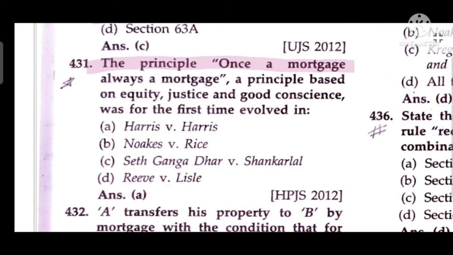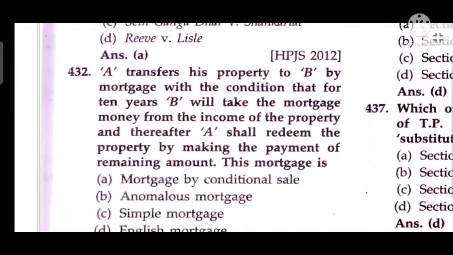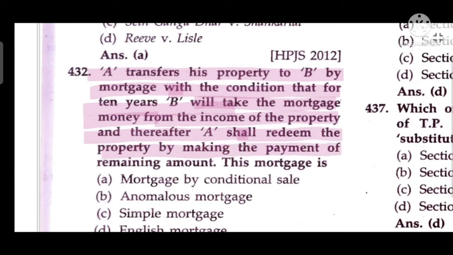The principle of once a mortgage is always a mortgage, a principle based on equity, justice and good conscience, was first evolved in the case of Harris versus Harris. A transfers property to B by mortgage with the condition that for 10 years B will take the mortgage money from the income of the property, and thereafter A shall redeem the property by making payment of the remaining amount.